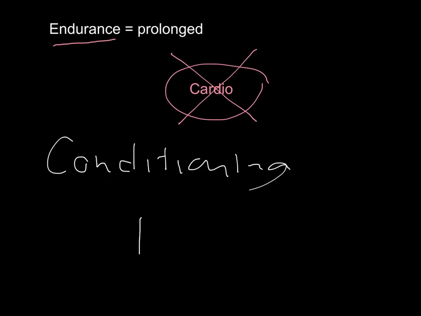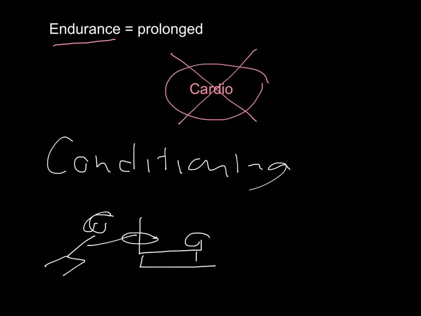If you haven't seen what a weighted sled looks like, it's basically one of these, and then you stack weights around it, and here's some guy pushing it with all of his might, right? Sweating, going crazy, running with it as quickly as possible. That's a form of conditioning or endurance training that will increase your ability to move a load or perform movements for an extended period of time.